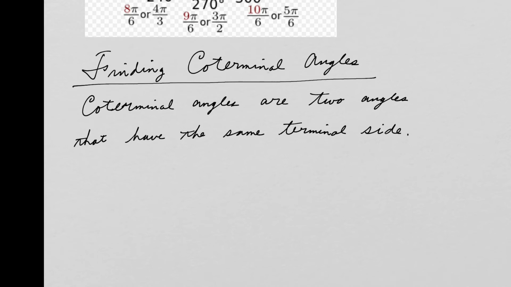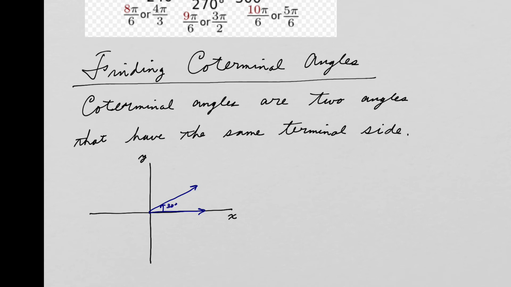So for instance, let's say I measure this angle right here. I'll do it in blue again. So this is my initial side. Let's say this is my terminal side. So I could just measure this directly right there. Let's say it's 30 degrees.